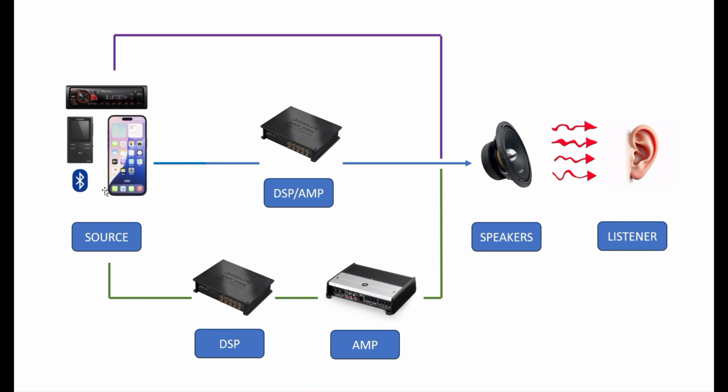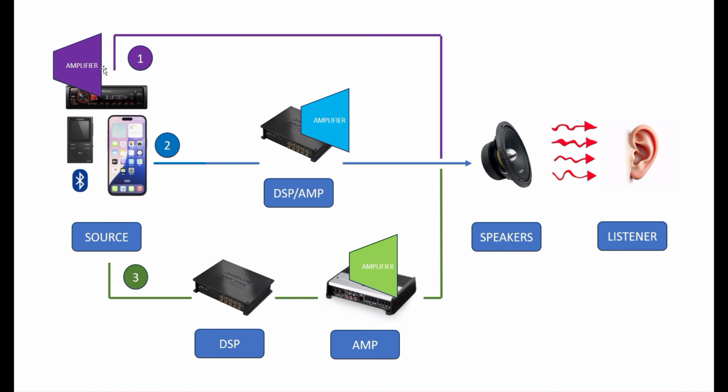So regardless of how your car is set up, there is an amplifier somewhere in your system. If you're running your speakers off your head unit, there's an amplifier in your head unit. Or, if you don't have standalone amplifiers and you're running it through a DSP amp combo, then the amplifier's in your DSP amp combination unit.